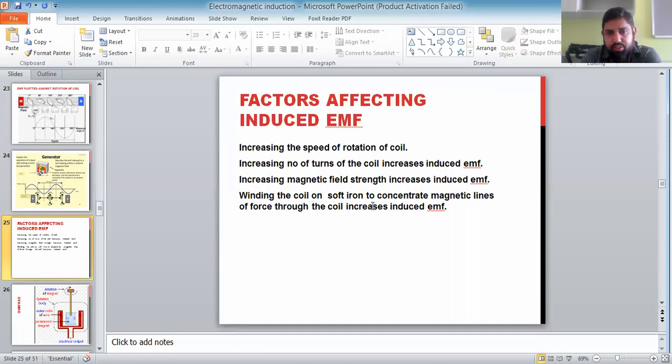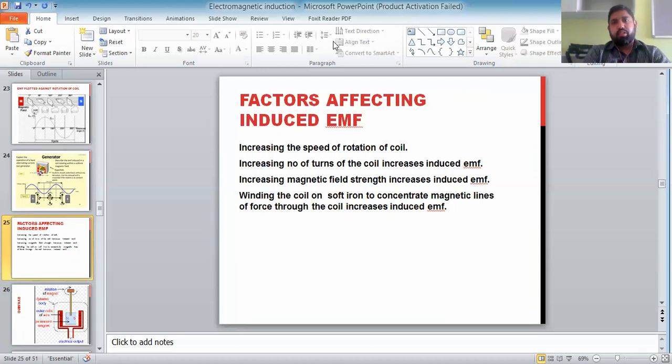Now coming to the first one, increasing the speed of the rotation of the coil. We had seen in the lab observation also that when we increase the speed of rotation, then EMF induced is increased. If we double the speed, EMF induced is doubled. And there is one more thing that happens: when we double the speed of rotation, then time period halves.